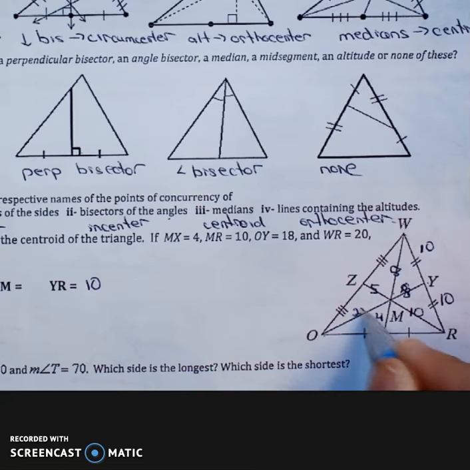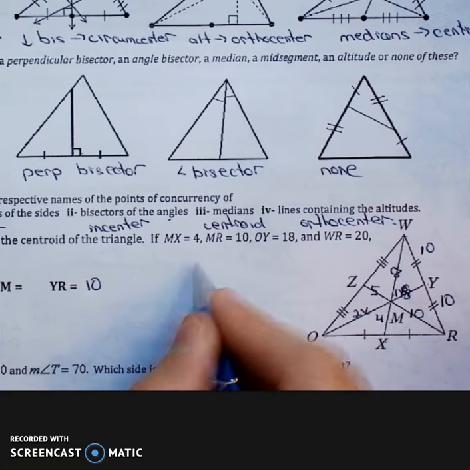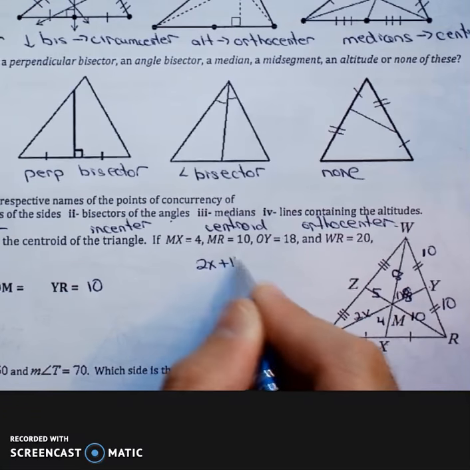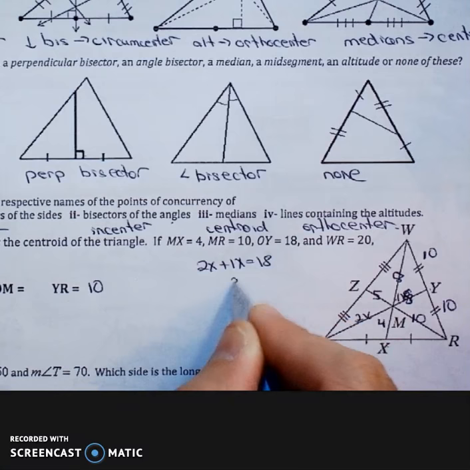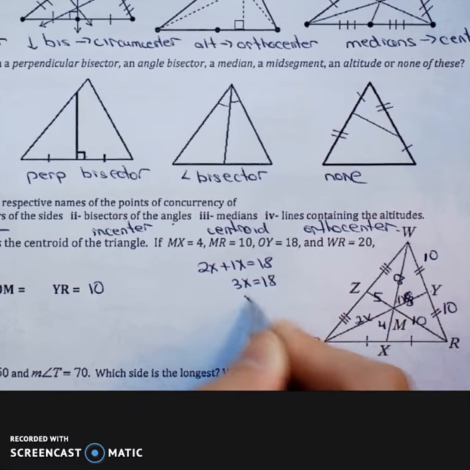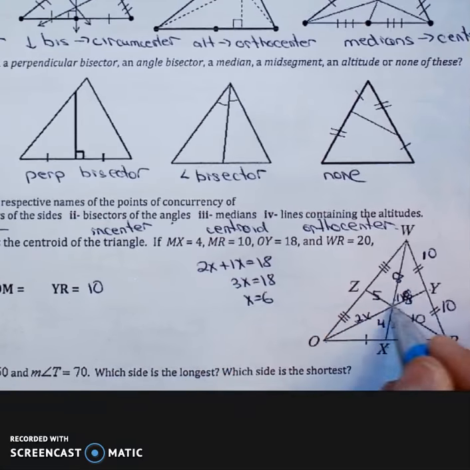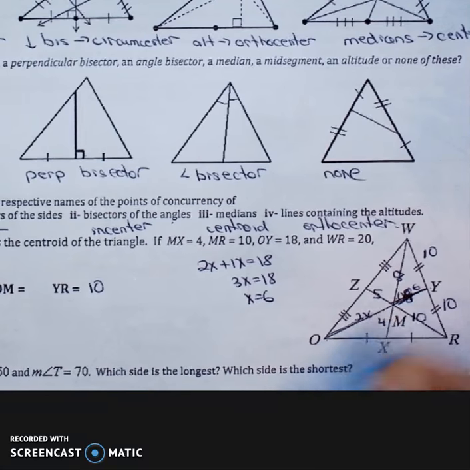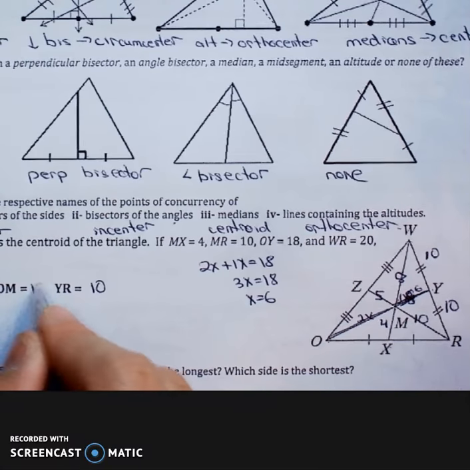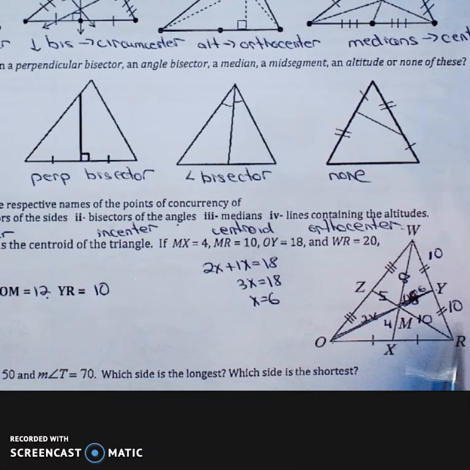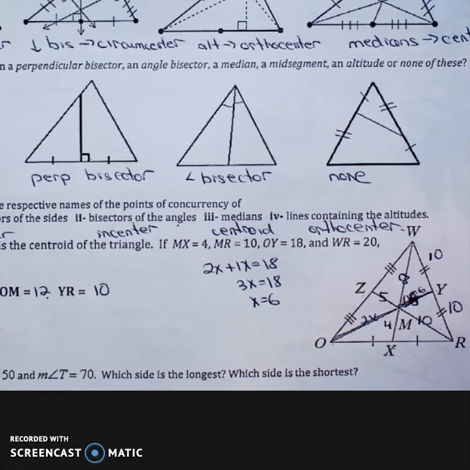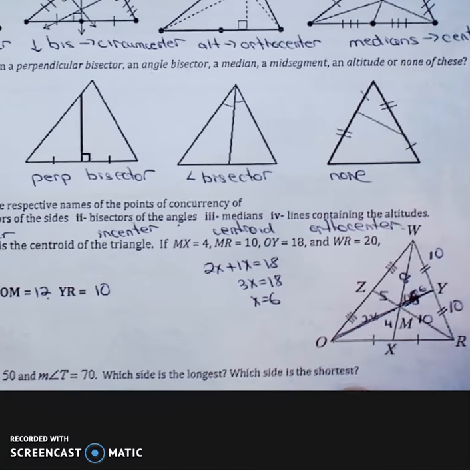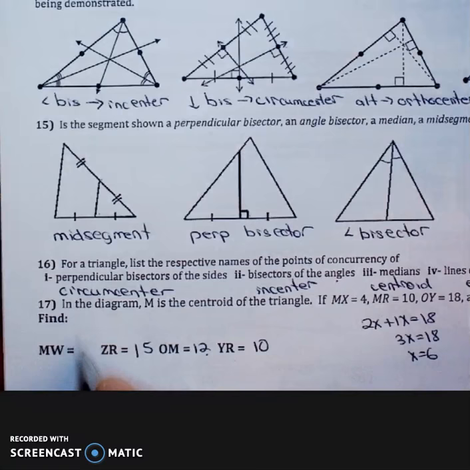So this is a 2x, this is a 1x. So we've got 2x plus 1x equals 18. 3x is 18. So x is equal to 6. So this length right here is 6, which means O to M is 12. Okay, Z to R, we have that here. 5 plus 10 is 15. And finally, M to W, we had figured that one out as well, and we ended up with 8.